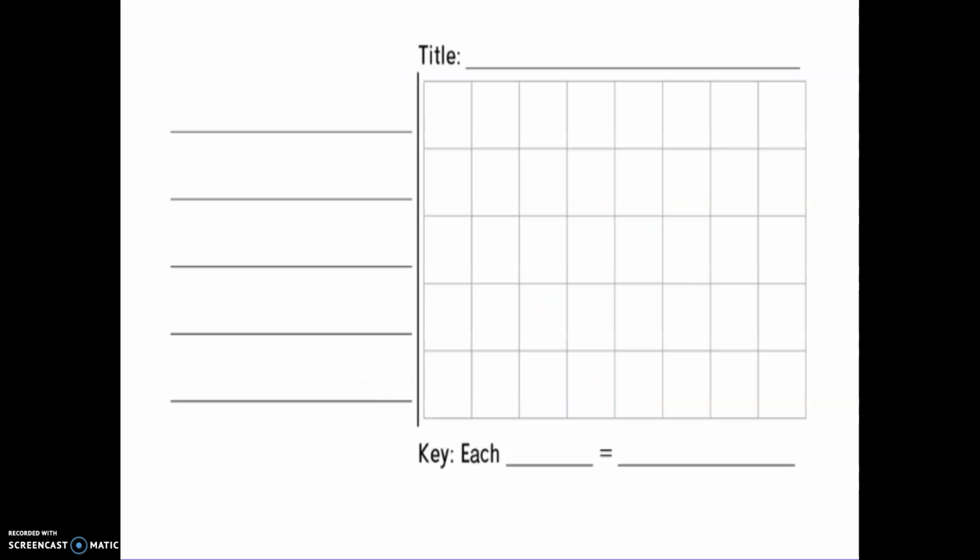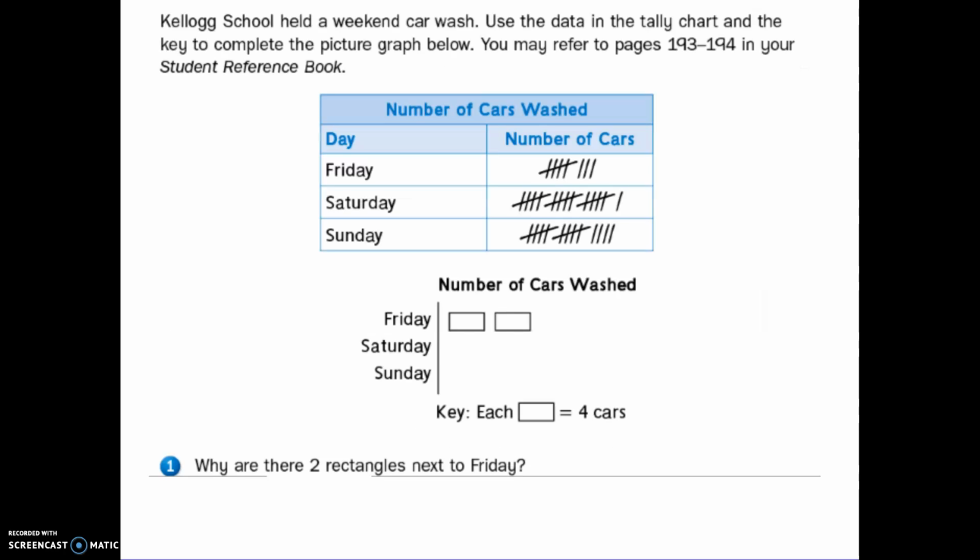So you are going to work on creating your very own picture graph, and we are going to use page 82 in your math journal. Here's the data for our picture graph. It's going to be numbers of cars washed.